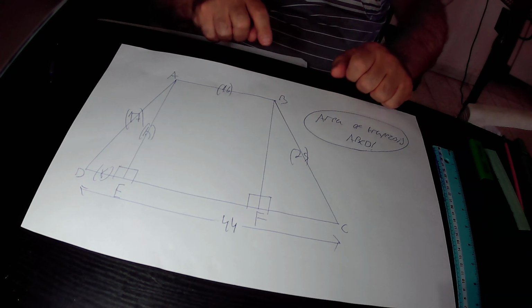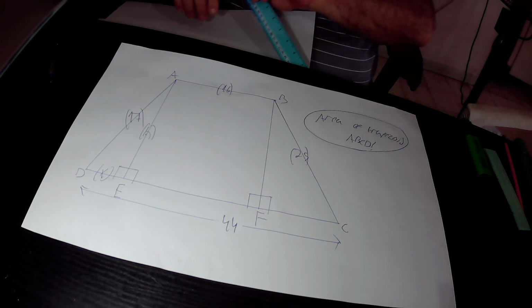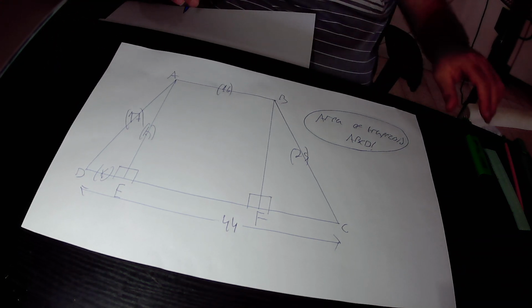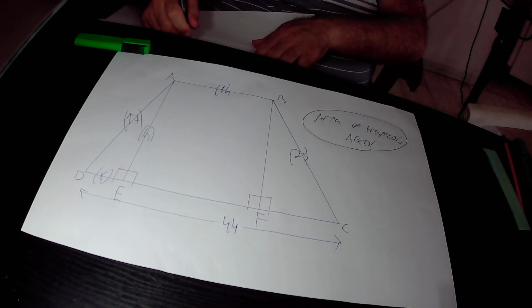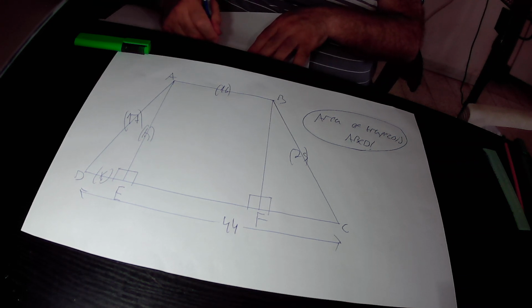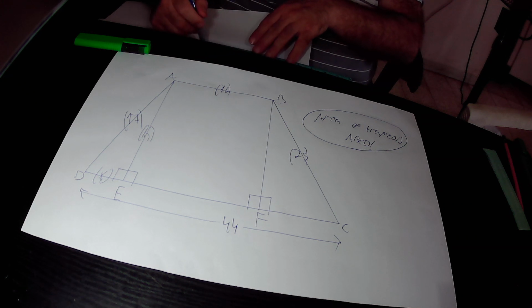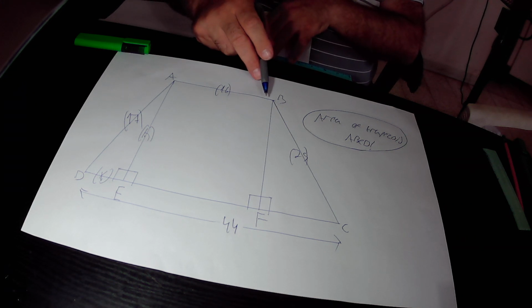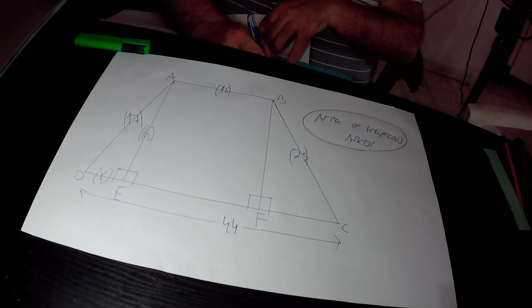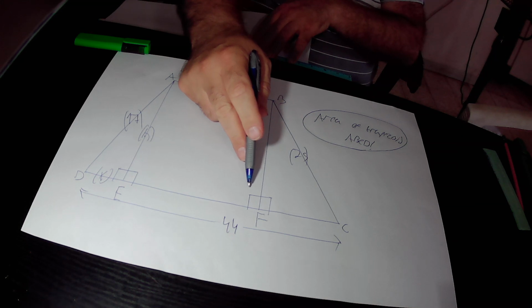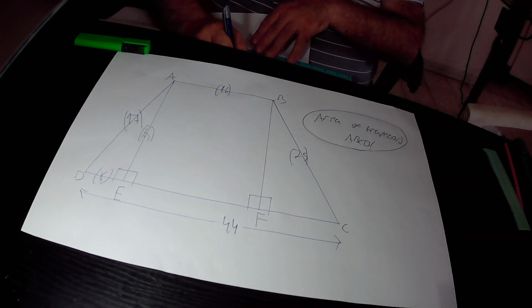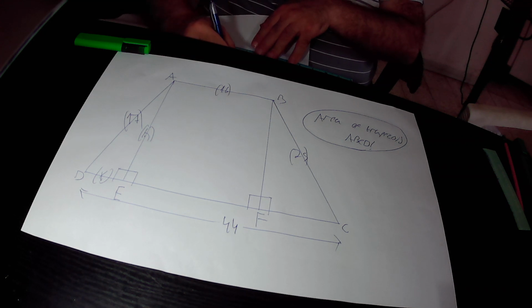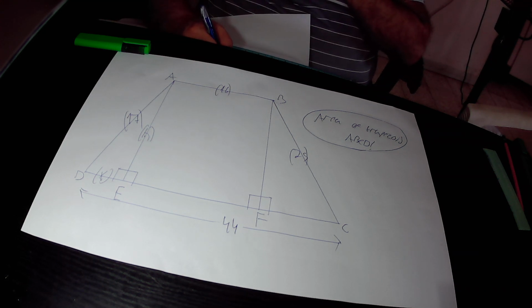So I write it down. This is the missing angle ABF plus this angle, that is the right angle. In total, the sum of those two angles is 180 degrees, according to rule 16.